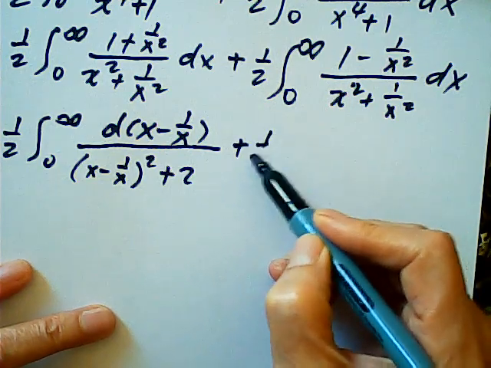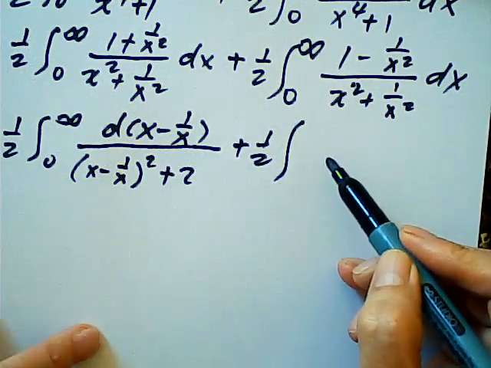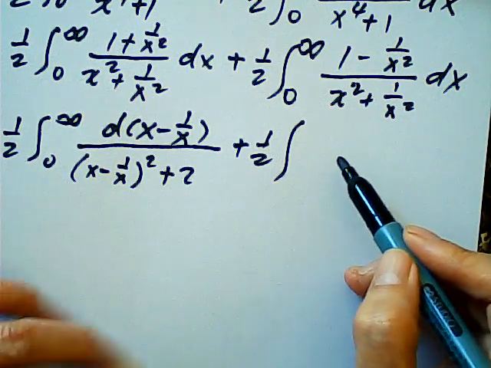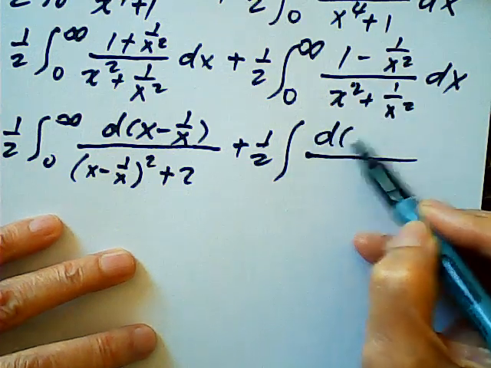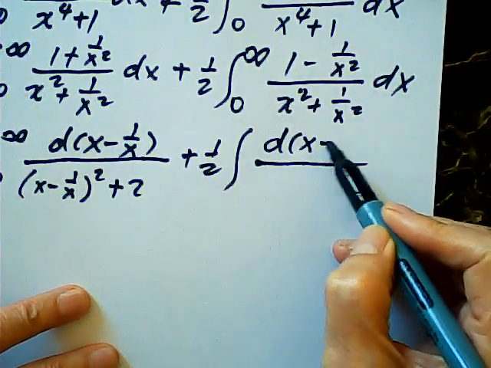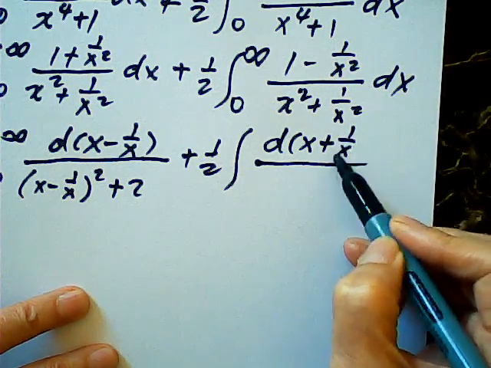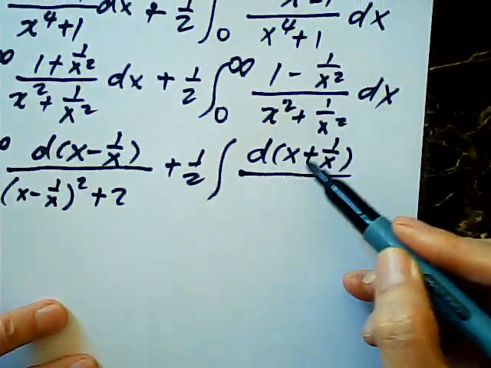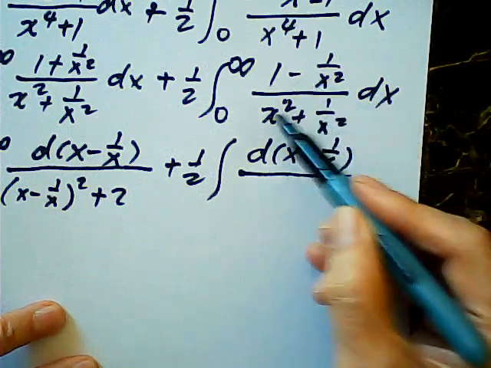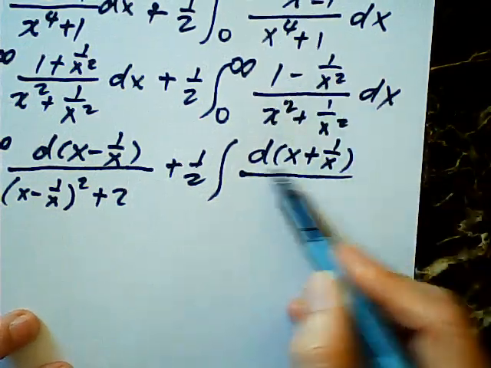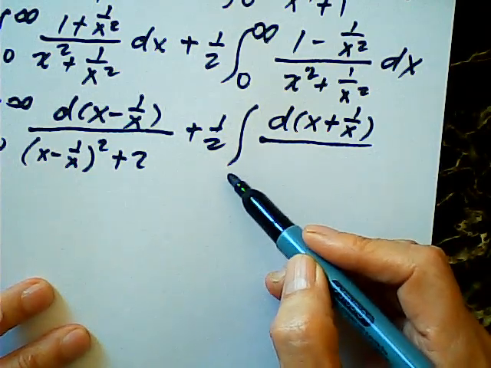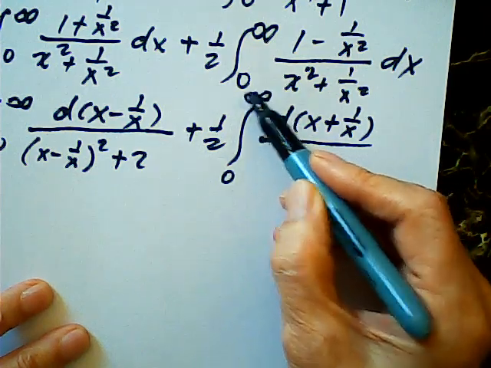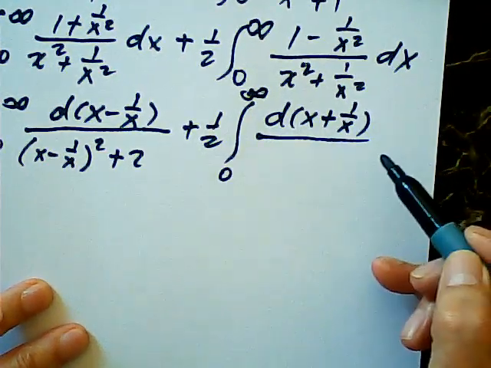Similarly, this will be x plus 1 over x, isn't it? The numerator is 1 minus 1 over x squared, which becomes this. So the denominator must be in this form.